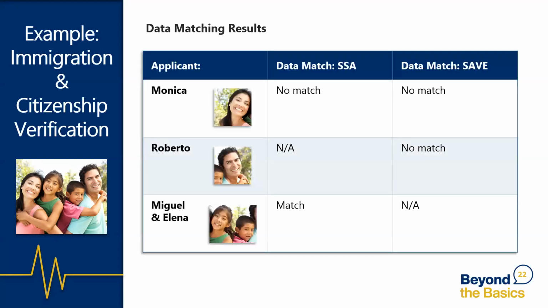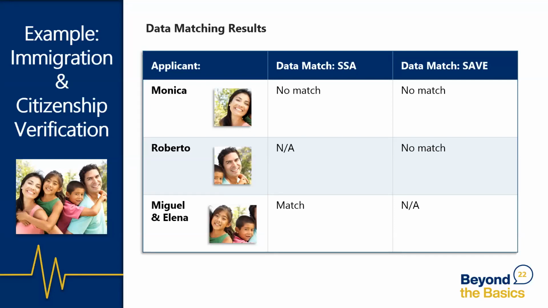So we have Monica. Let's see if the data matching worked, right? So we talked about Monica's situation, and we're going to say the Social Security Administration was not able to verify her citizenship because she's one of these cases that was born outside of the US, and simply that information is not in the SSA records.